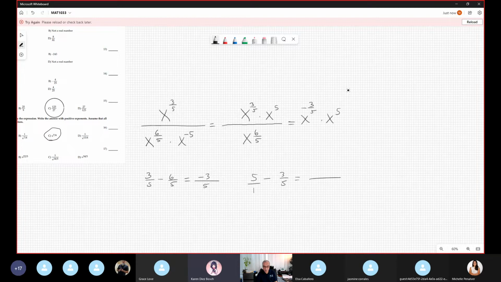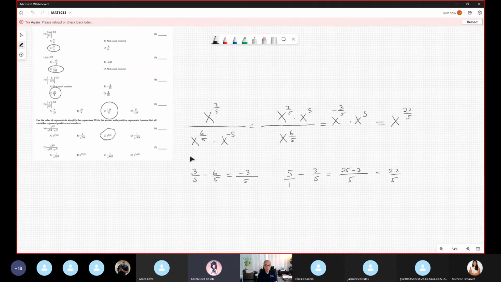Well, 5 is a whole number, denominator 1, LCD is 5. 5 times 5, 25, minus 3. 25 minus 3 is 22. The answer is x raised to the 22/5. Look at that, the answer.